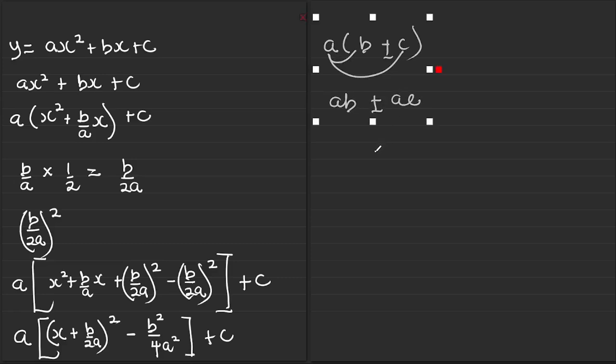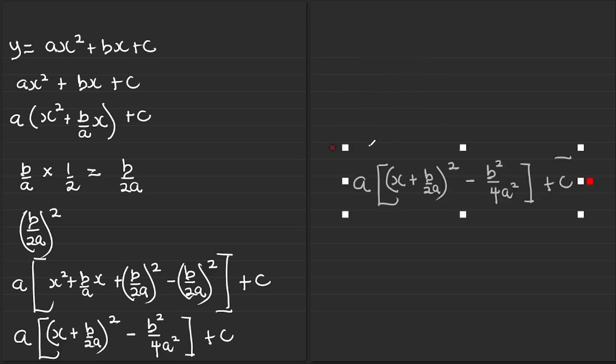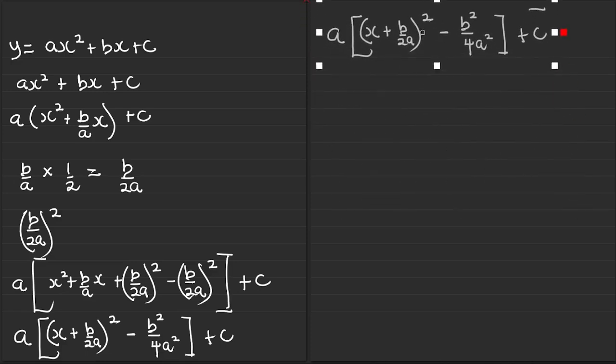You see, that is what we want to do over here. So for this term, this a should multiply this first bracket, and then it should also multiply this second term. That is the two terms we have there.